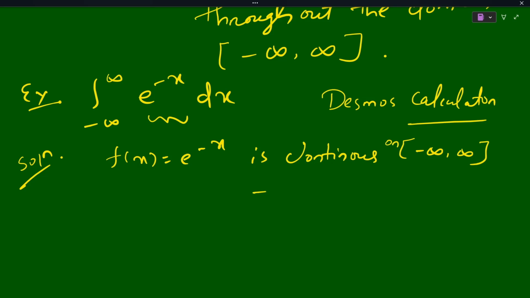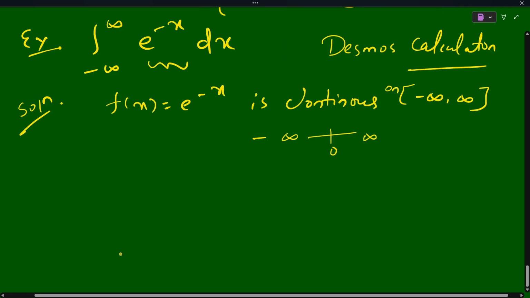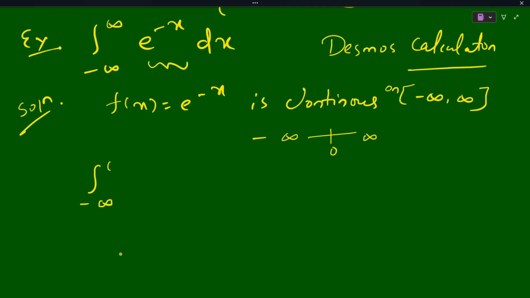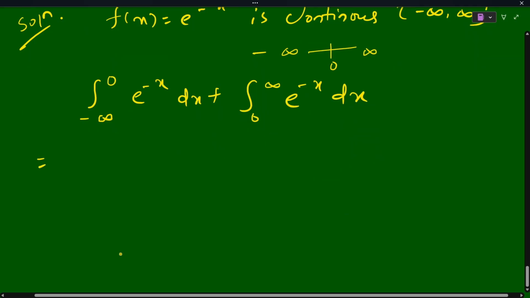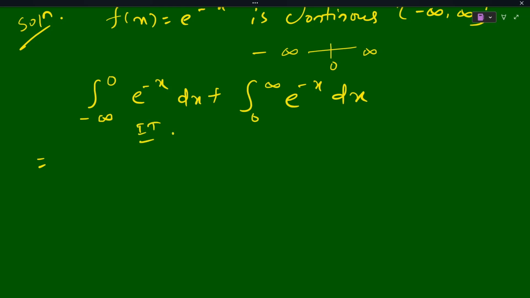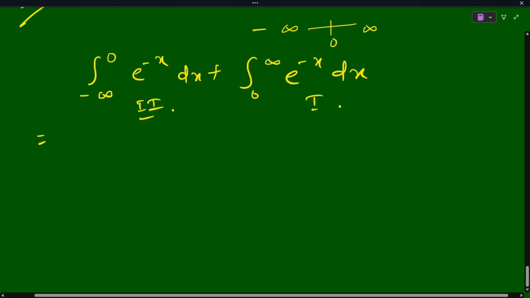In such cases just take a break point as 0, and split this integration limits from minus infinite to 0 and 0 to infinite. So what is the integration then? This type of integration is the type 2 integration, and the earlier one was the type 1 integration. So use that format to find it.